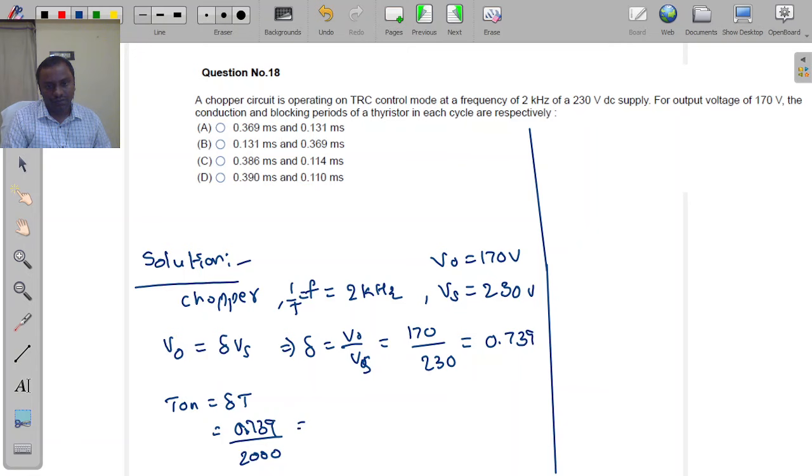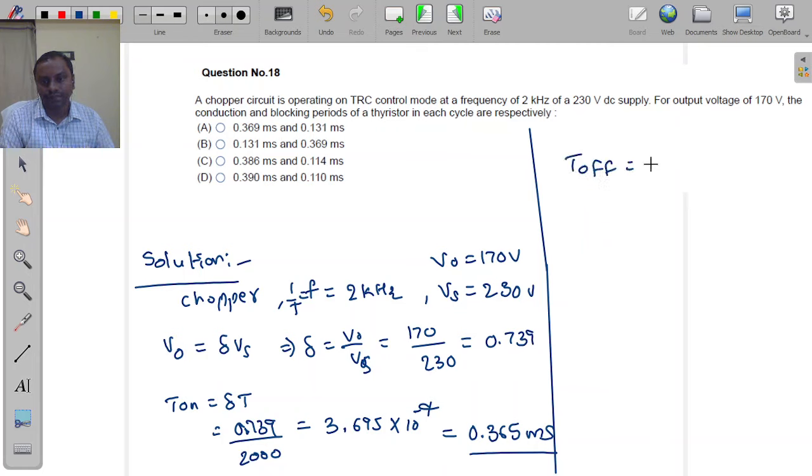So T on will become 3.695 into 10 power minus 4, or 0.365 milliseconds. This is the on time. And similarly, what is the off time? T off is 1 minus delta times the T.